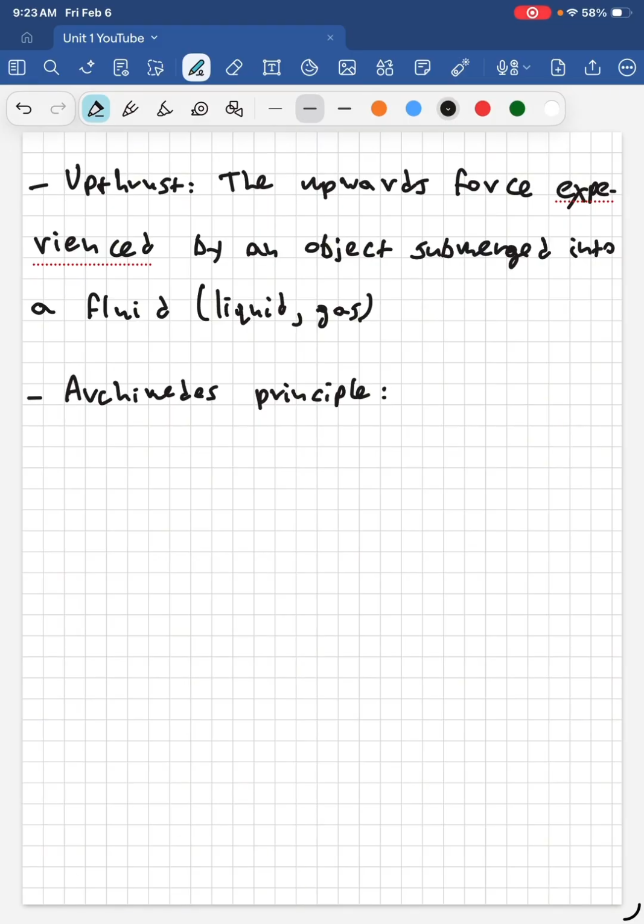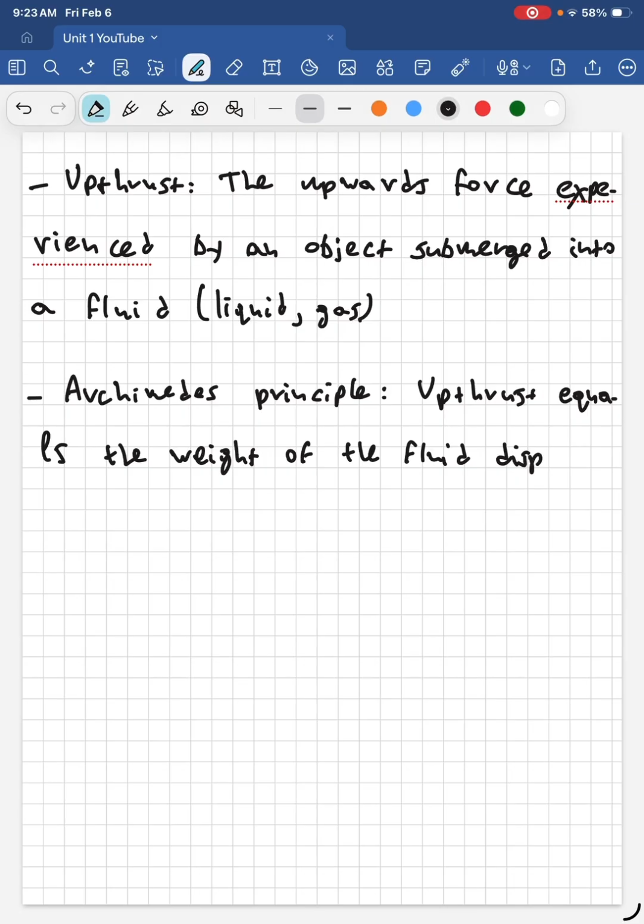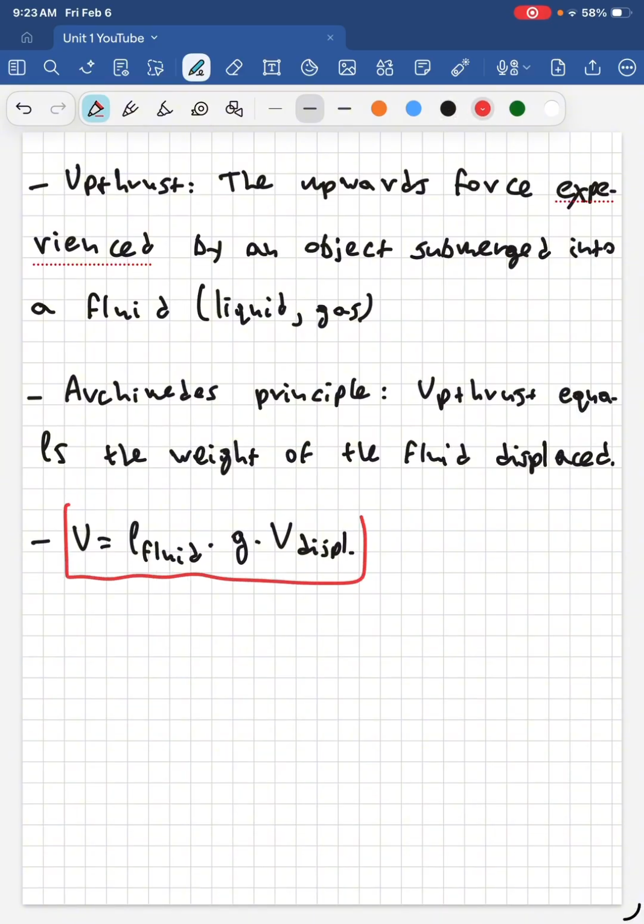So, upthrust equals the weight of the fluid displaced. Okay, so upthrust is given by the density of the fluid times g times the volume displaced. Okay, and we are going to box this.